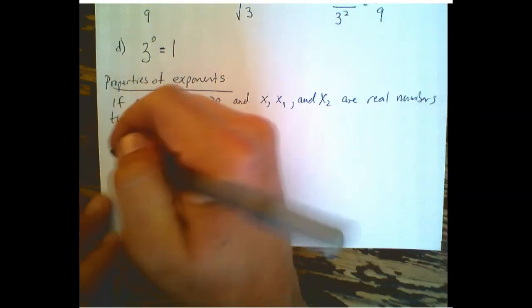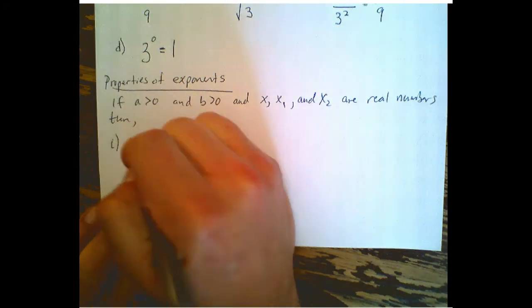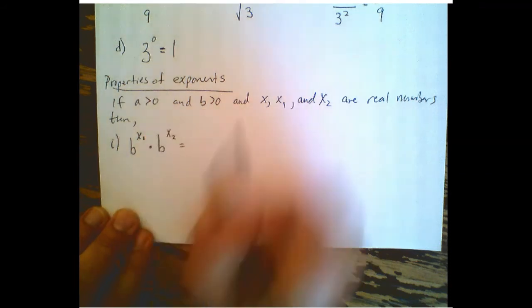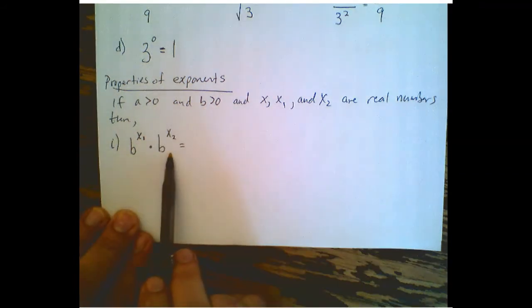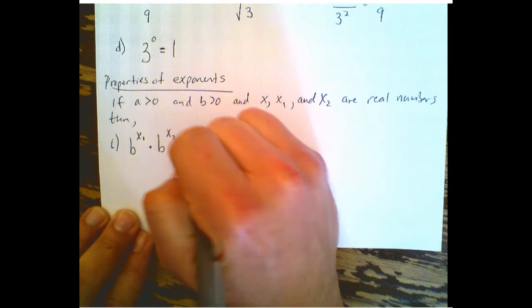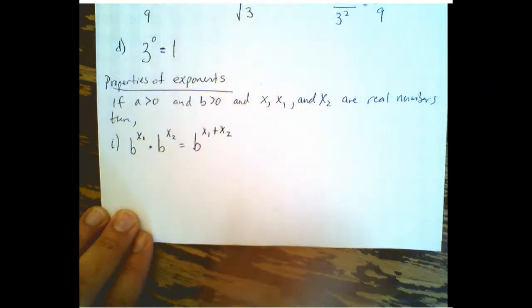First property, if we multiply two exponential expressions that have the same base but may have different powers, we can simplify this as one exponential, b to the x1 plus x2.